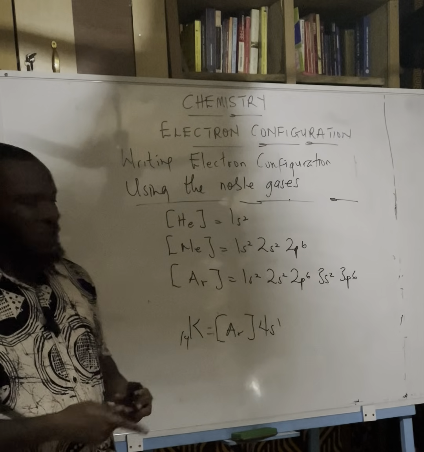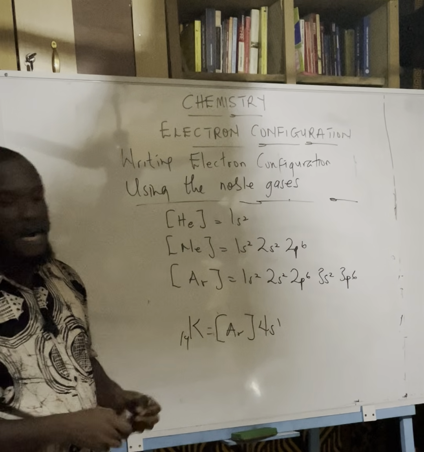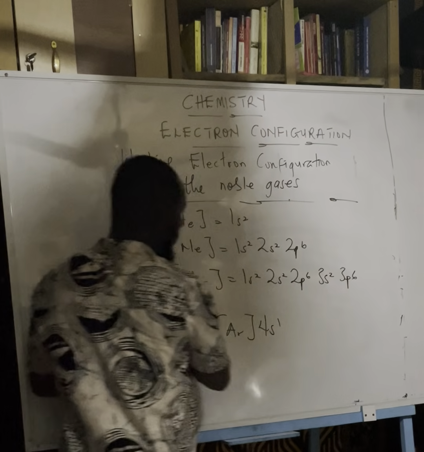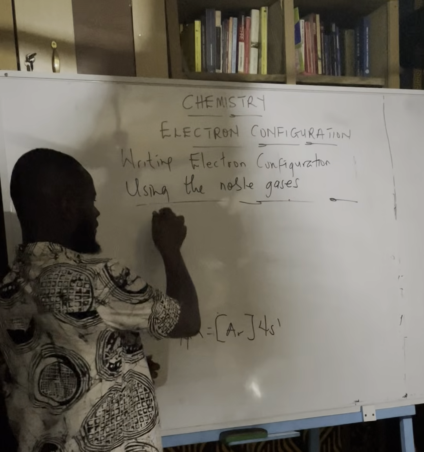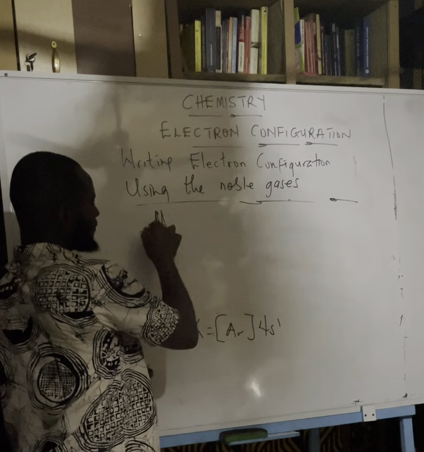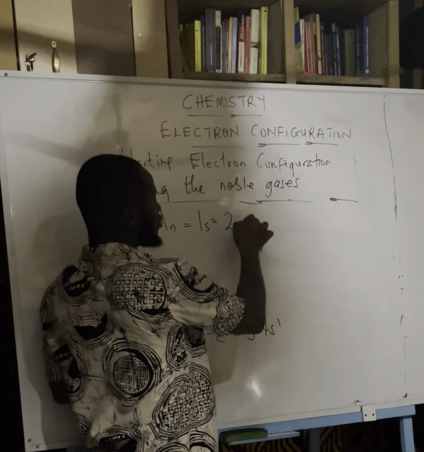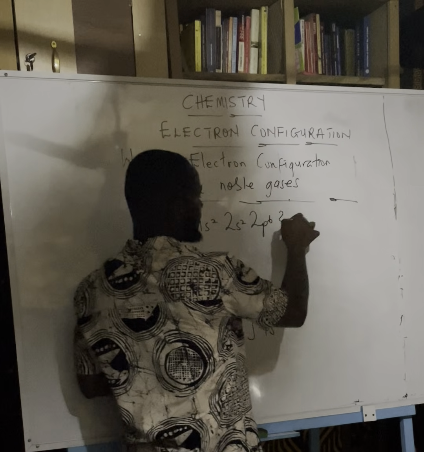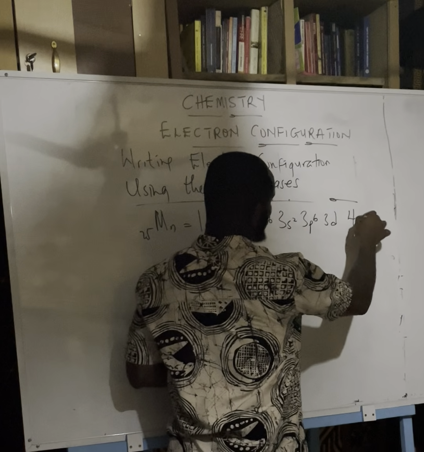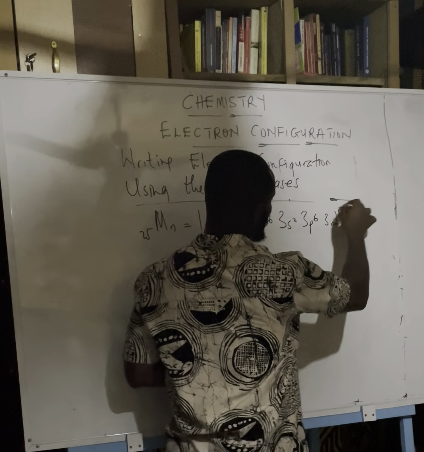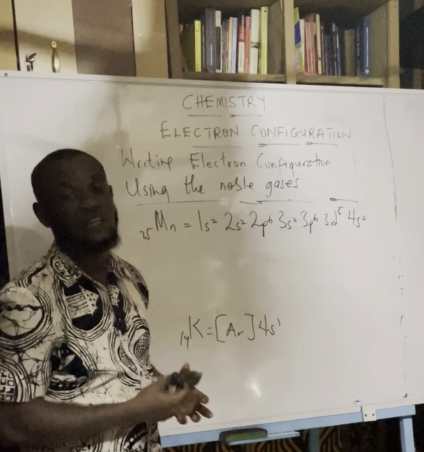Quickly, let's look at the electron configuration of manganese, which is 25. So here, at first, manganese, which is 25, the electron configuration is going to be 1s2, 2s2, 2p6, 3s2, 3p6, 4s2, 3d5. So what do you see? But now we want to use that of the noble gas.